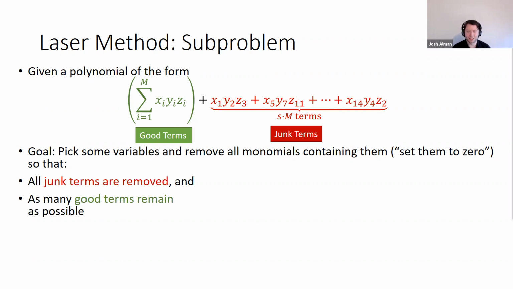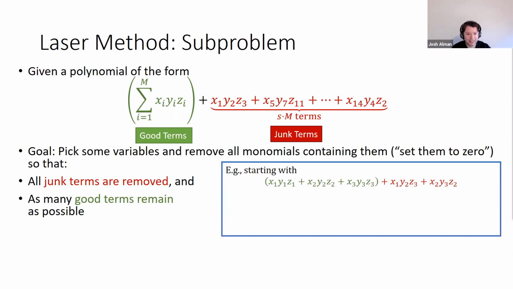So removing the junk terms will probably, unfortunately along the way, remove some of the good terms as we're setting variables to 0, but we'd like to leave as many of them as possible. So for example, here's a polynomial here, m is 3, and s is 2/3 because there's 2 junk terms. In general, you should think of m and s as both pretty large numbers.